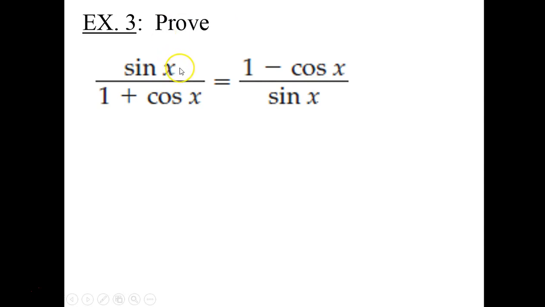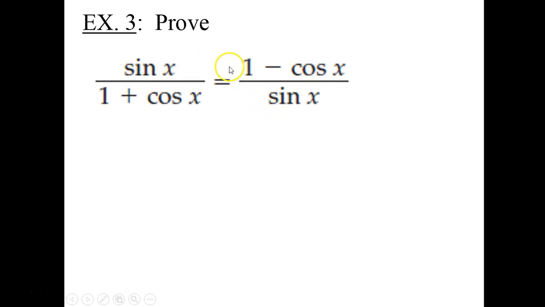Okay, problem like this. I have an expression sine x over 1 plus cosine x equals 1 minus cosine x over sine x. I know I told you that the stuff you could do in an algebra class you can do here. I know you look at this and maybe you're saying, oh look, I can cross multiply this. You can't.